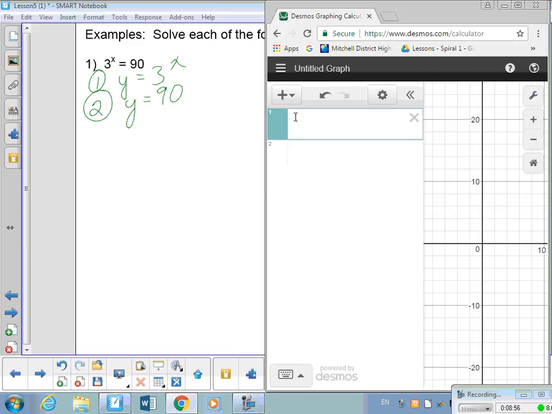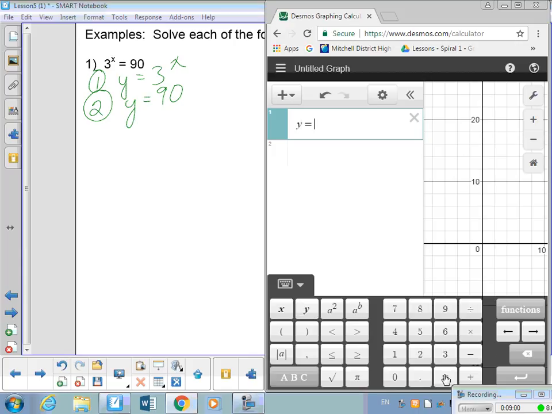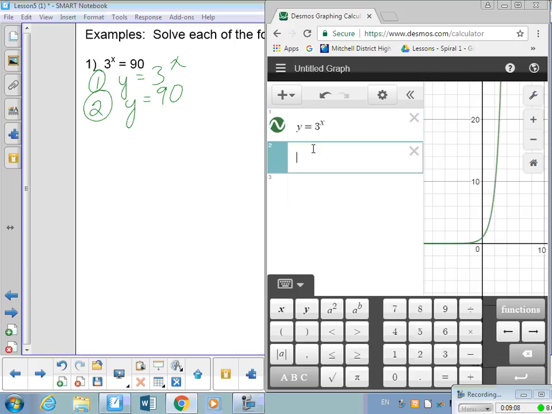So the first one was y equals 3 to the exponent x, and the next one is y equals 90.